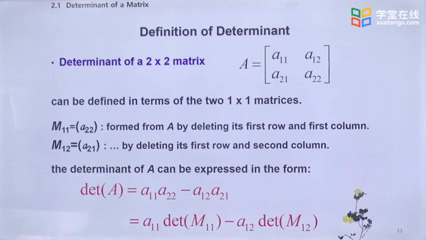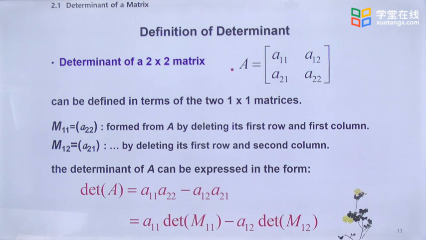Okay, so in order to assign a value to the matrix which can indicate whether this matrix is non-singular or not, we define the determinant. For a 2 by 2 matrix A defined in this way, we can define its determinant in terms of the 1 by 1 matrices. Let us denote M11 as this matrix, a submatrix formed from A by deleting its first row and first column.